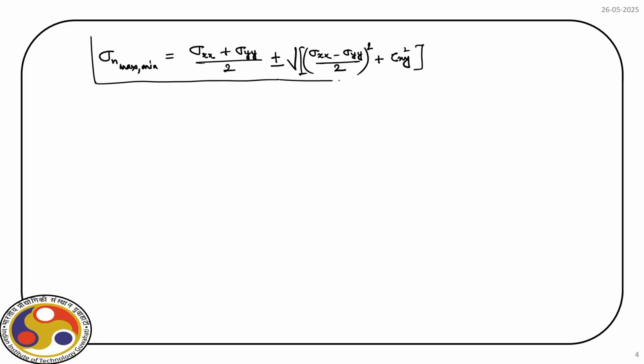So, that is the expression for maximum value of normal stress. This is called principal stress.